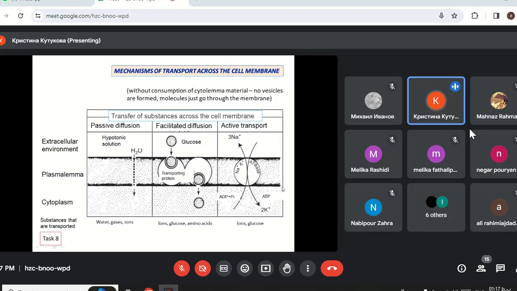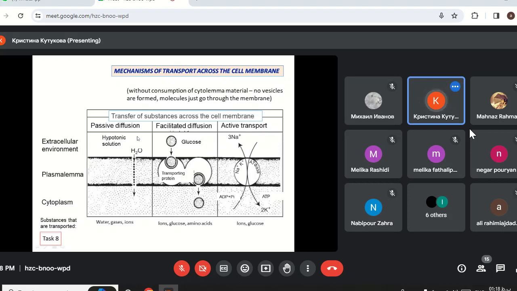So here is the cell membrane, plasmalemma, extracellular matrix is here, and cytoplasm is here. So here you can see three types of such transportation mechanism. First, passive diffusion.